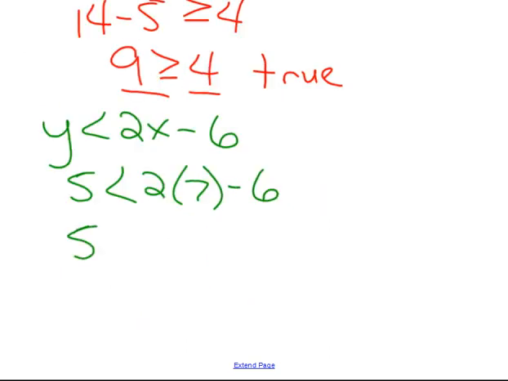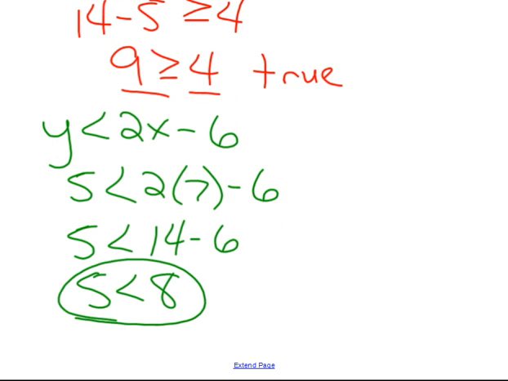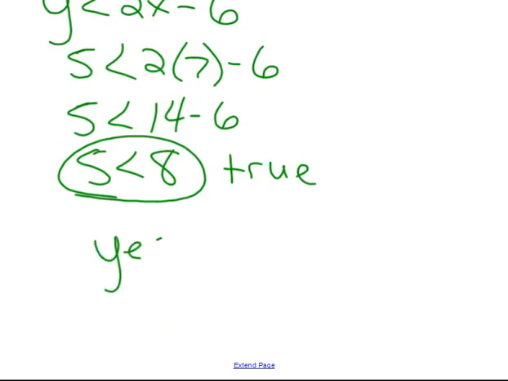Okay, and simplify each side. 2 times 7 is 14. 14 subtract 6 is 8. And this says, is 5 smaller or less than 8? And that is true. Since they were both true, the answer to this question is yes, it is a solution.